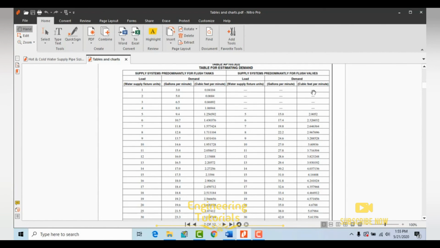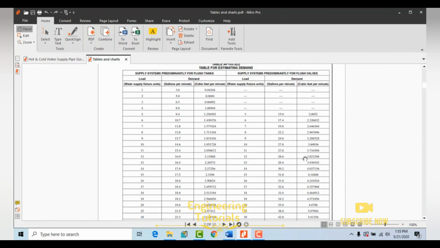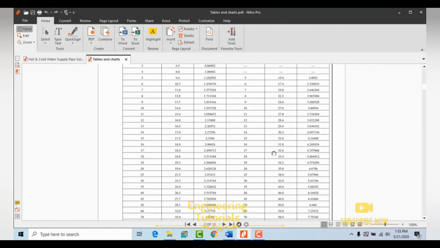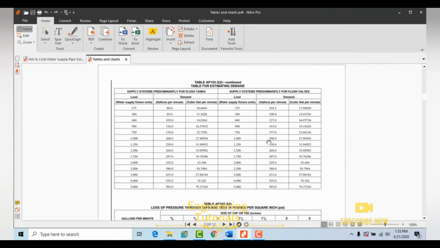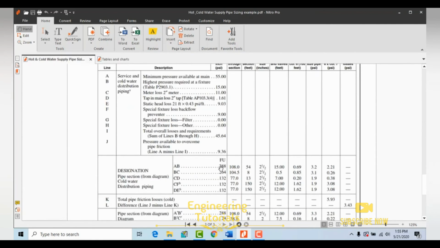Since we are using flush valves, we need to use these columns. So we have 288 water supply fixture units. Since we have 275 here and 300 here, we are going for the higher value for safety. So 300 fixture units, the demand will be 108 GPM. So 288 is 108 GPM.